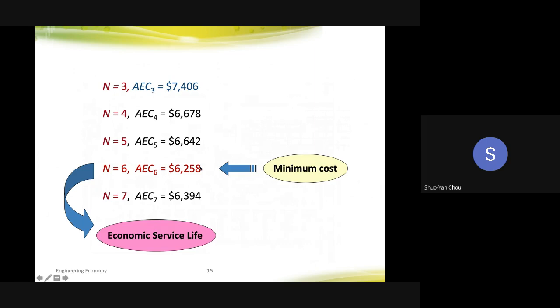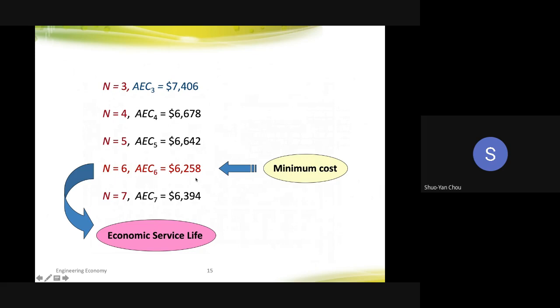But at a certain point, we found out that it suddenly goes up. That is to say, if we use the machine for the entire 7 years, the annual equivalent cost will be higher than if we replace the machine every 6 years.